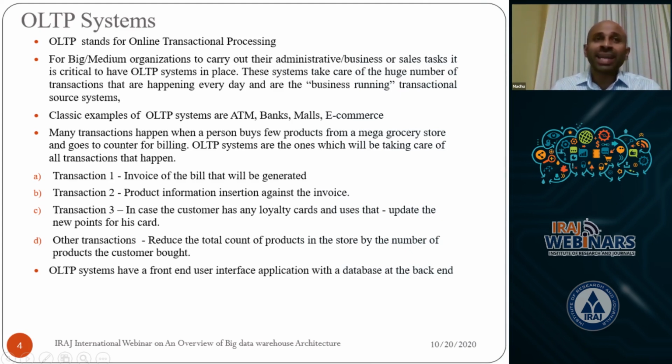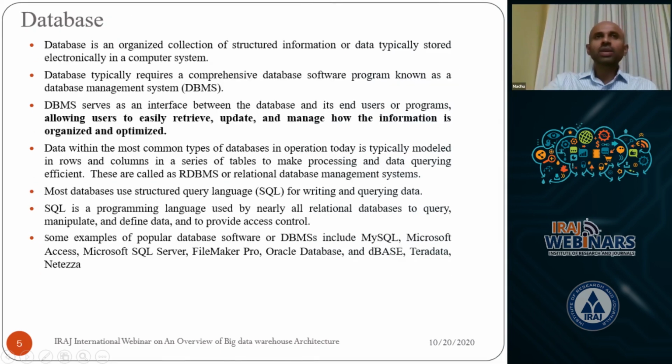From a technology standpoint, OLTP systems have a front-end user interface application, and at the back end, you have something called a database. Now let's talk about what a database is. A database, by definition, is an organized collection of structured information or data, which is typically stored electronically in a computer system.